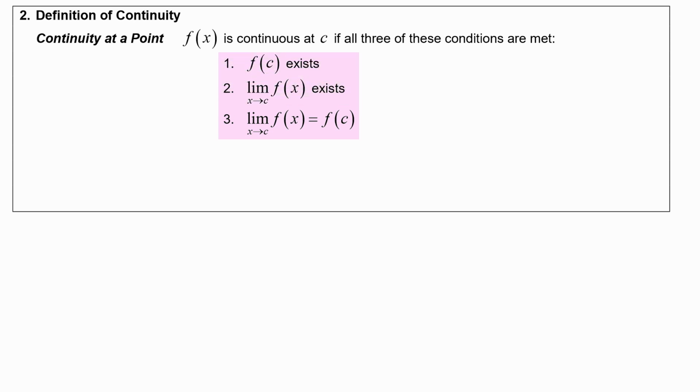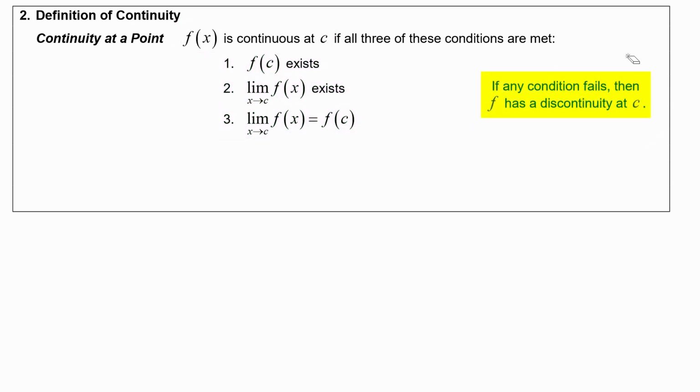So if all three of those happen, then we say that f of x is continuous at that x value of c. Now be sure to note that if any condition fails, then f has a discontinuity at c, which means that it's not continuous at c.